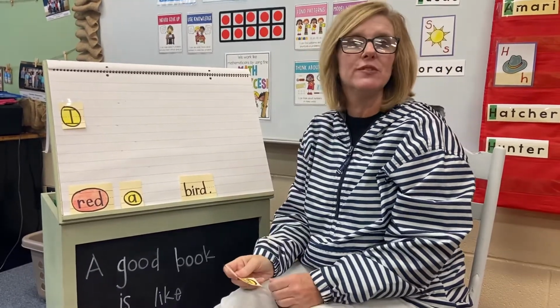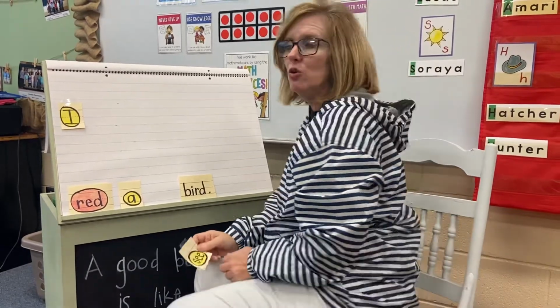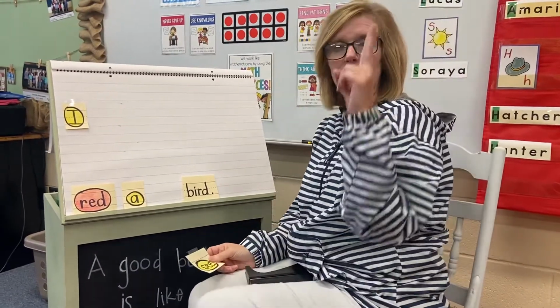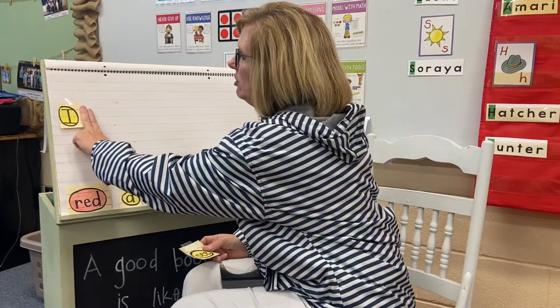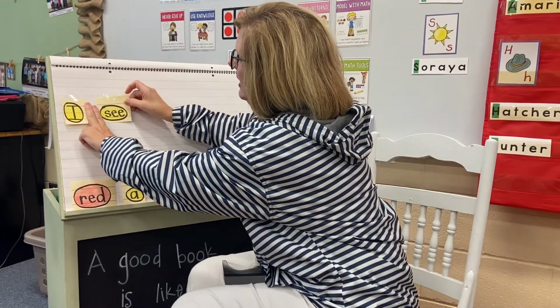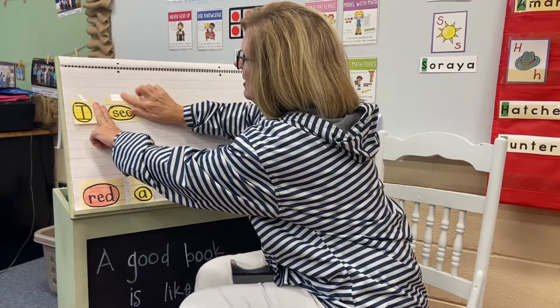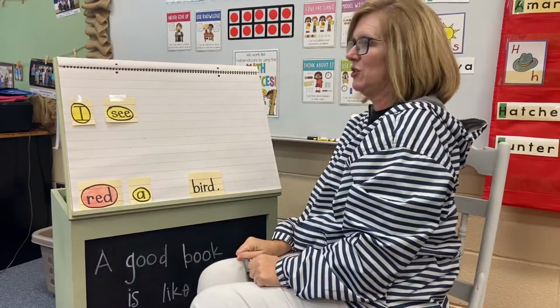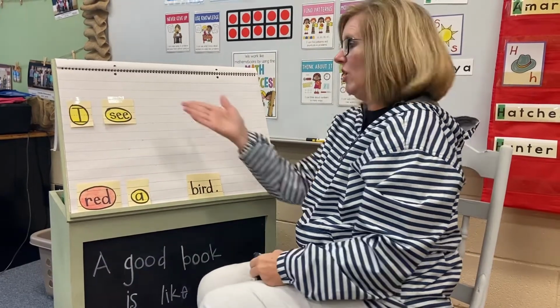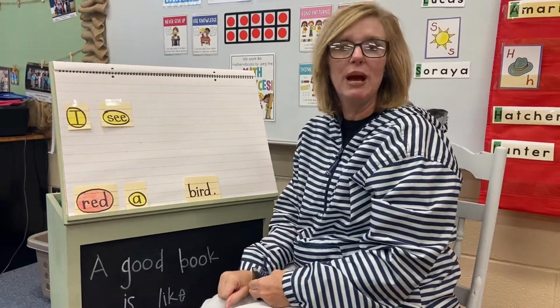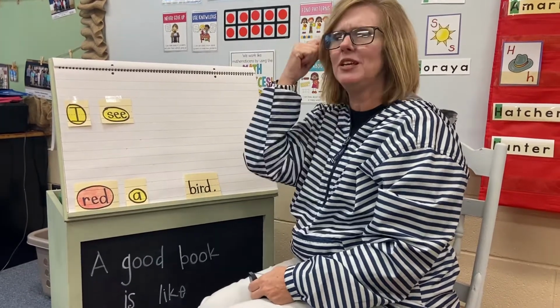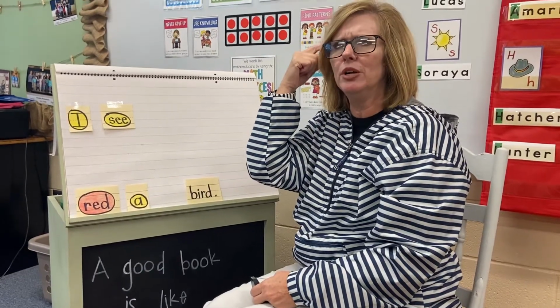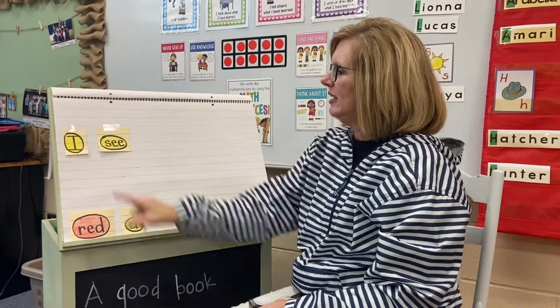Now, I'm going to add the word see to my sentence, but I have got to remember that I'm going to use a finger space. So I told you that we were going to write a word and then we were going to use a finger space. So I'm going to put my fingers down and I'm going to tape see next, just like this. All right, there we go. Now I'm going to go back and read it again. I'm going to think about I see a red bird and I'm going to go up here and read.